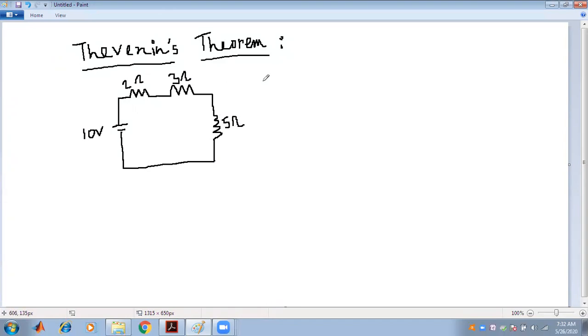We have to find the current, say I, that is flowing through the circuit, and this is generally known as RL, the load resistance, and this terminal is known as, say, AB. So we have to find the current I that is passing through the load resistance RL using Thevenin's theorem.